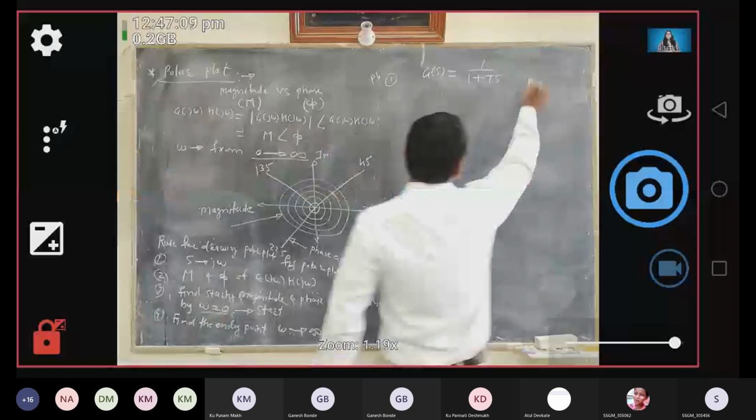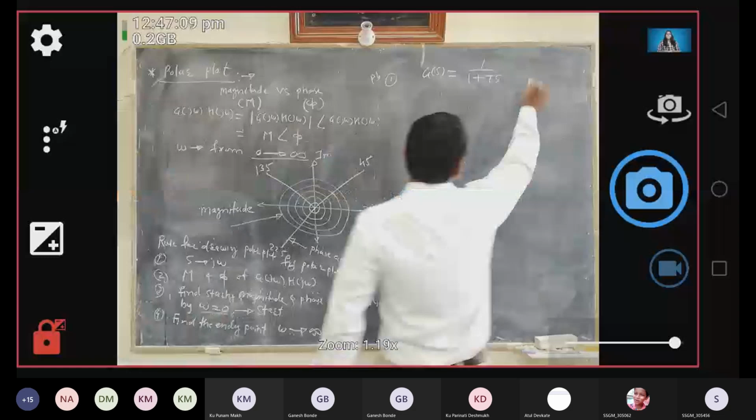So here you are getting G of S is equal to 1 upon 1 plus S. What are the steps I have told you while constructing the polar plot? So S will be replaced by j omega. So G of j omega is equal to 1 upon 1 plus j omega.